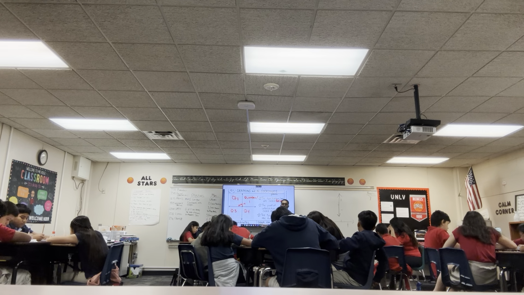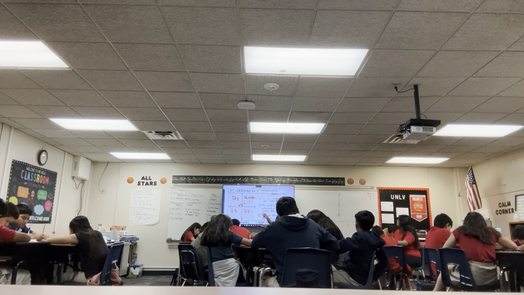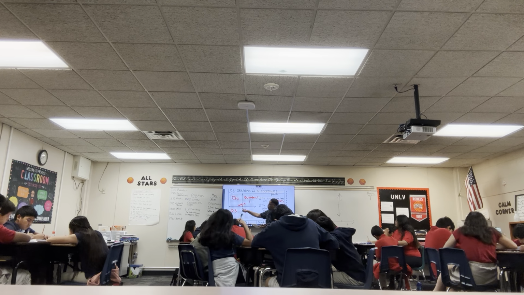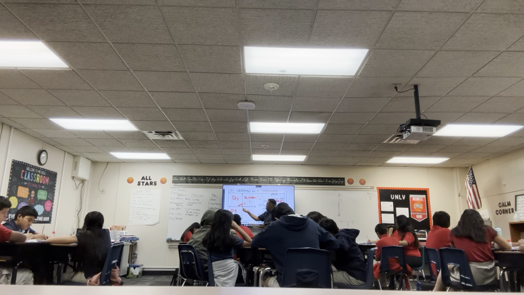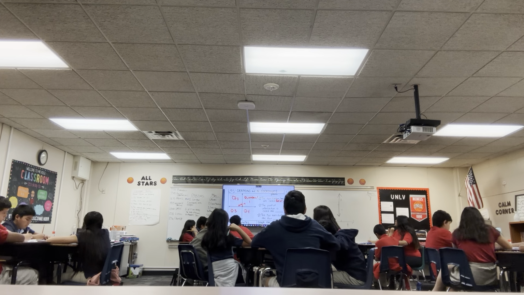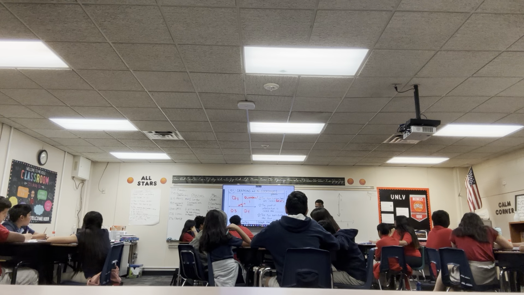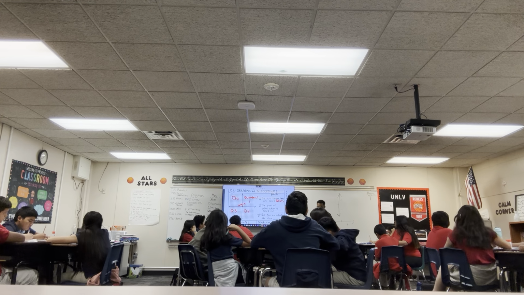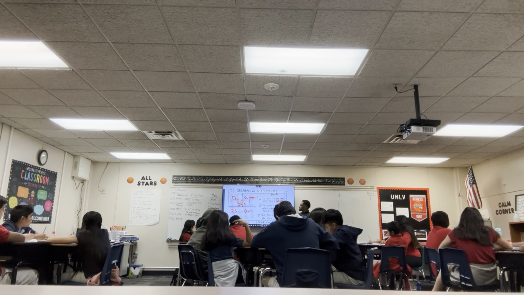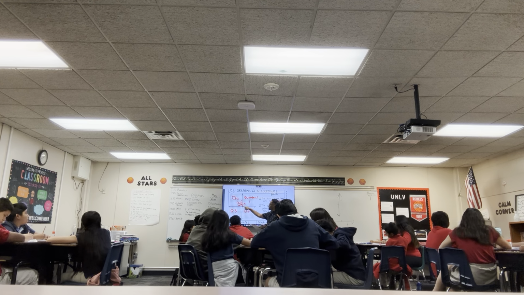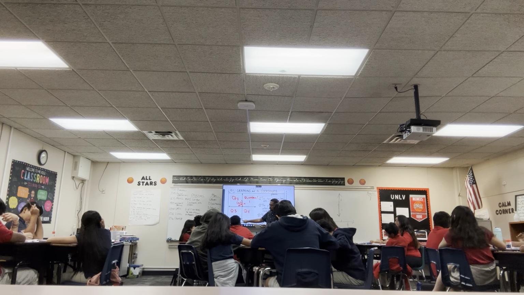This is when both of your zeros connect. So the 0 for your vertical number line is right here, and the 0 for your horizontal number line is right here as well. So the way that we write that to show there's two zeros is (0, 0). That means your x, which is this line right here, is a 0, and your y, which is this line right here, is a 0.